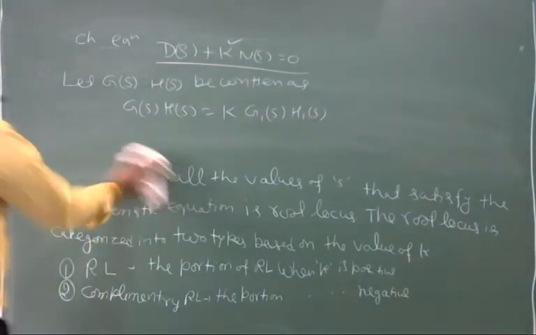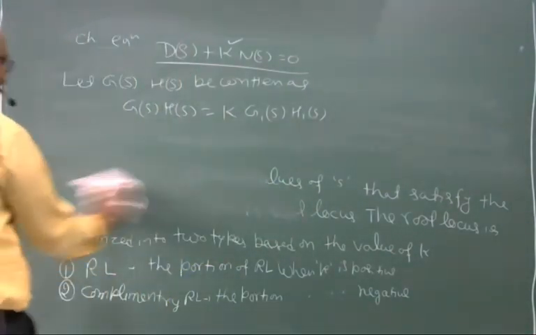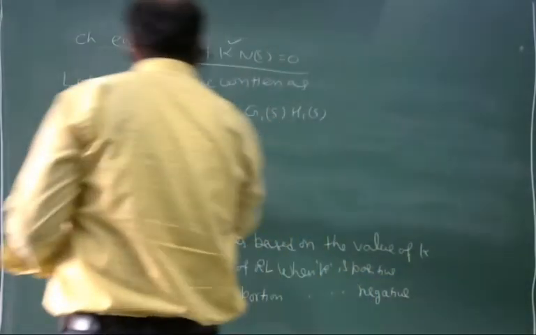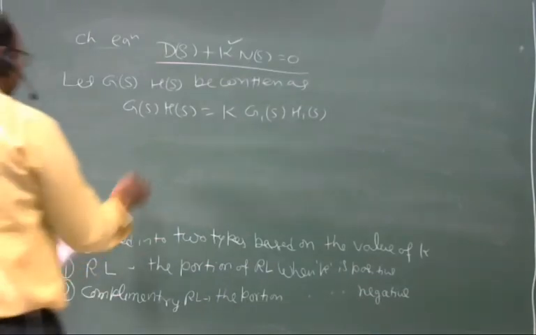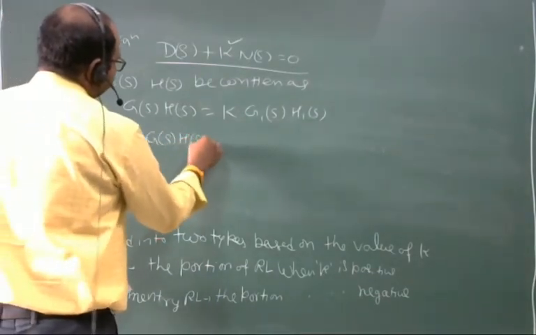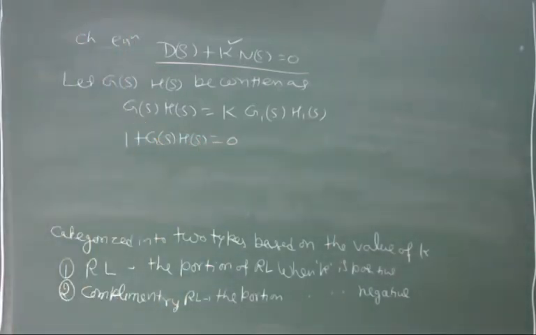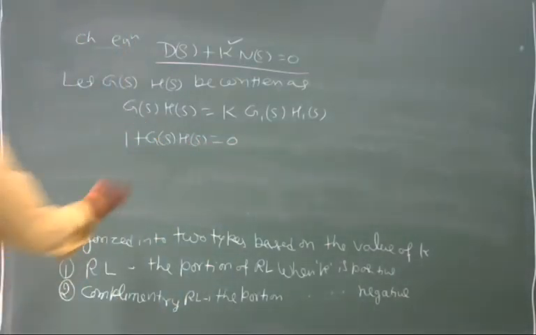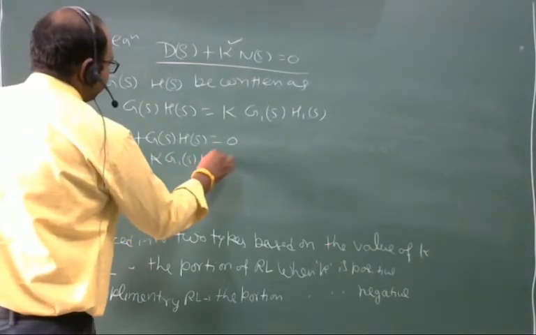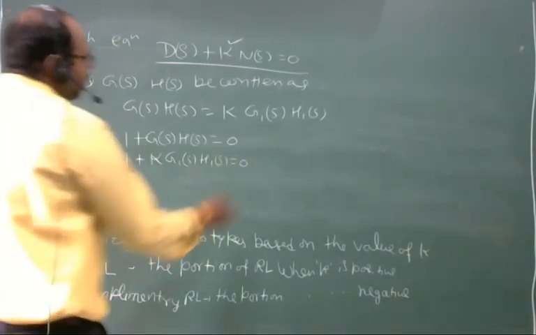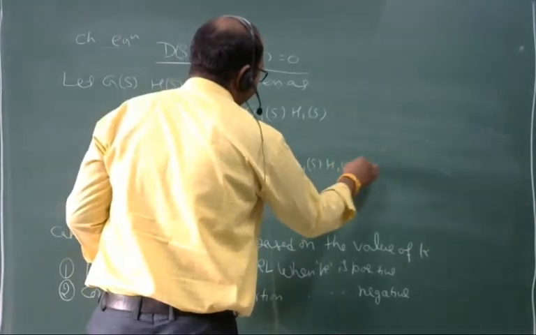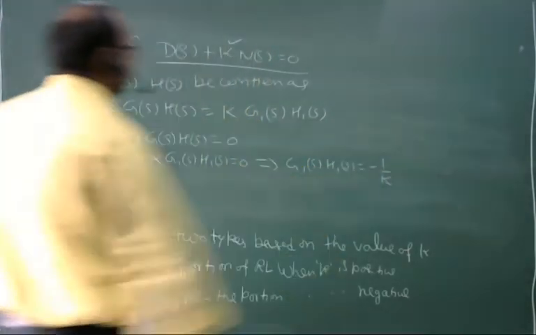In that case, the characteristic equation 1 plus G(s)H(s) is equal to 0 can be written as 1 plus k G1(s)H1(s) is equal to 0, and from here G1(s)H1(s) is equal to minus 1 by k.